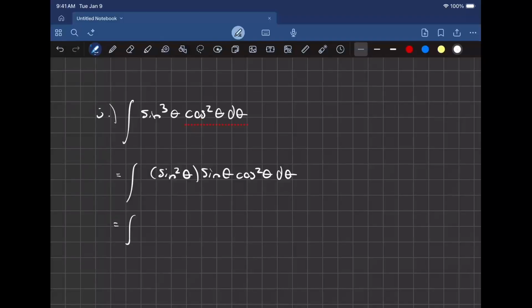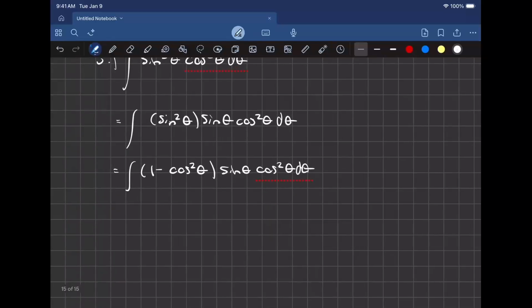And this is the integral of 1 minus cosine squared theta times sine theta cosine squared theta d theta. Now we can make a u sub. So again, we'll let our u be cosine theta because of the odd power of sine.